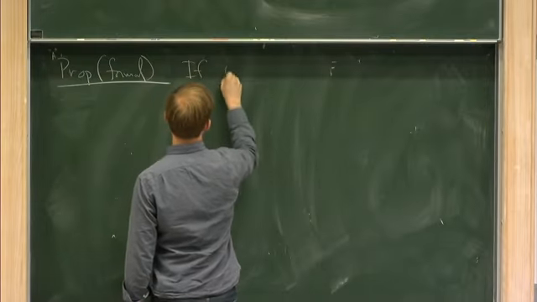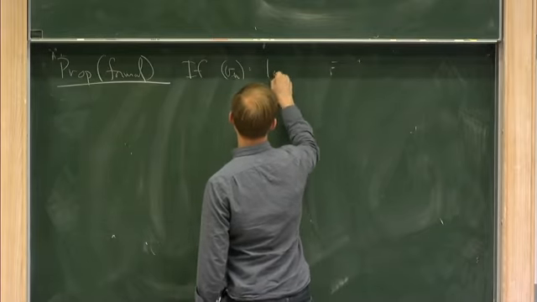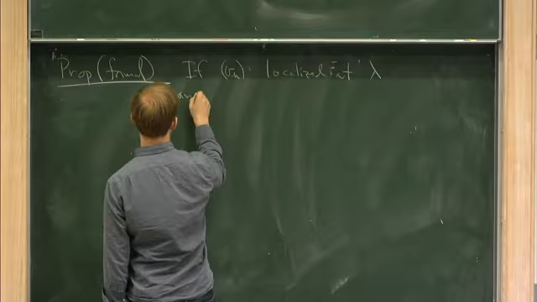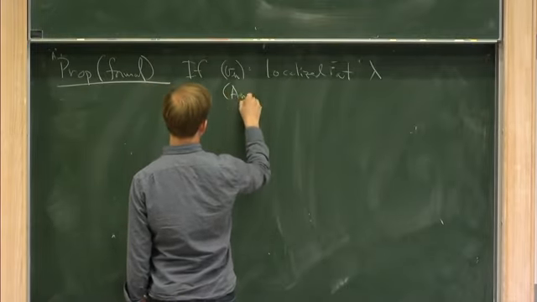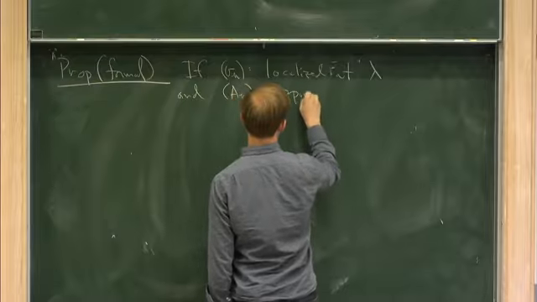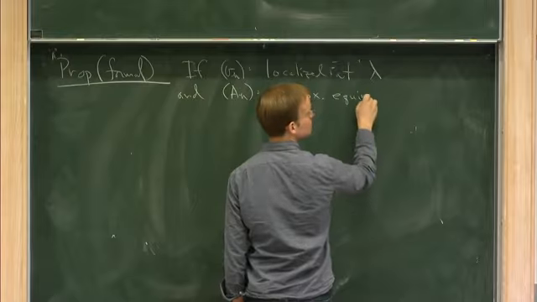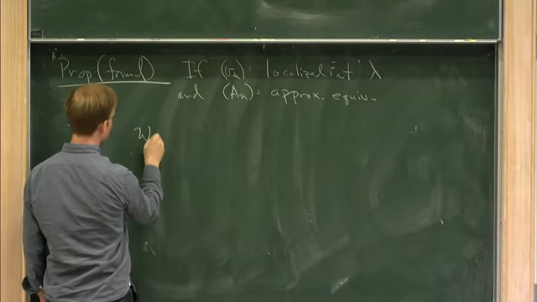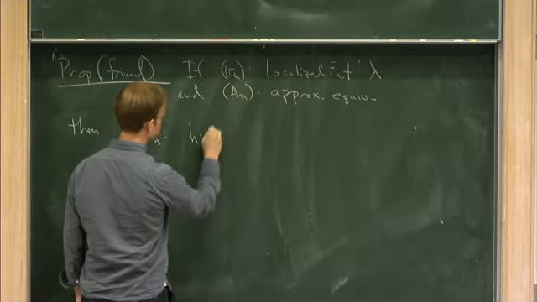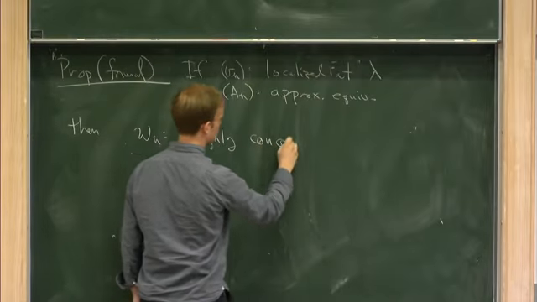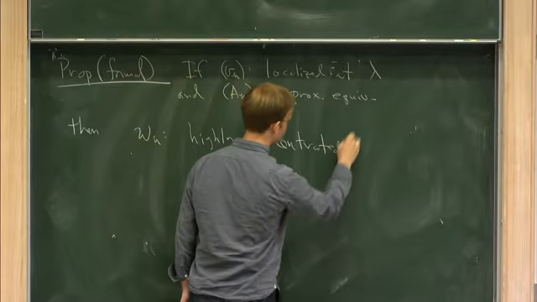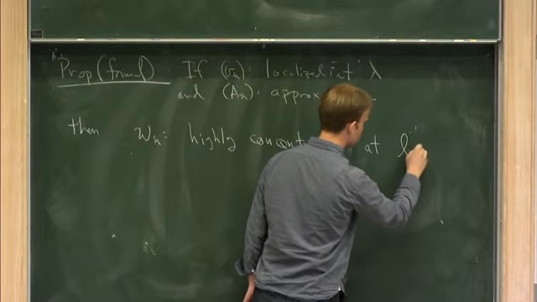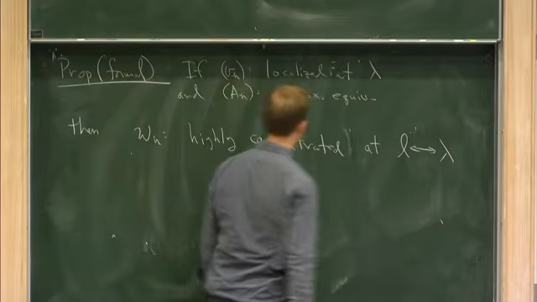If the sequence V_H is localized at lambda, and the sequence A_H is approximately equivariant, then W_H is highly concentrated at the L that corresponds to lambda.